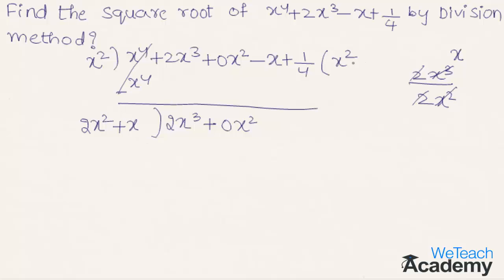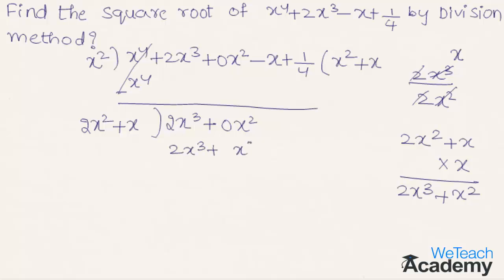Now let us multiply the new divisor with x. We get 2x square plus x into x. On multiplying this we get x into 2x square as 2x cube plus x into x would be x square. Now writing this down over here, we get 2x cube plus x square.